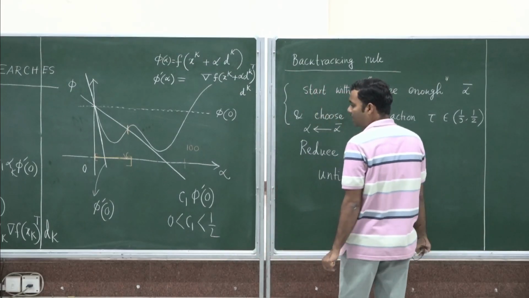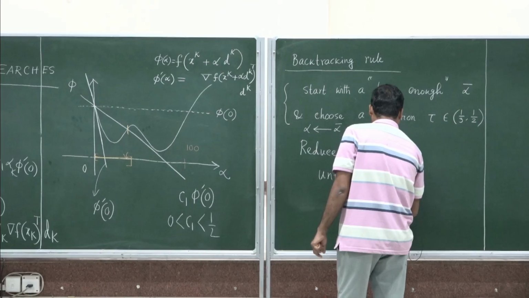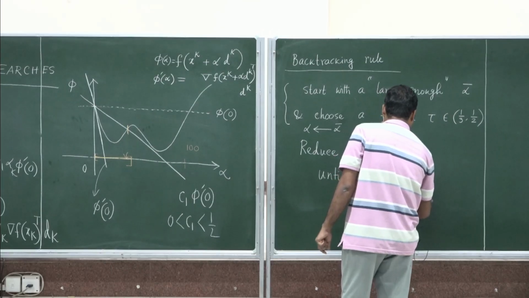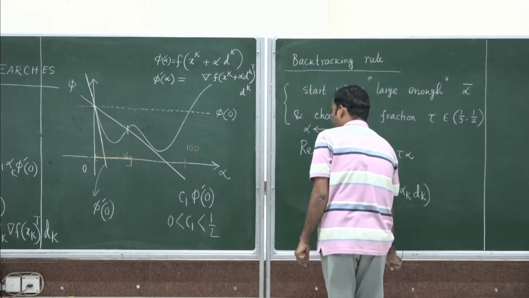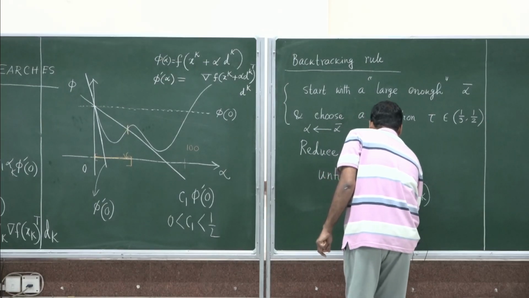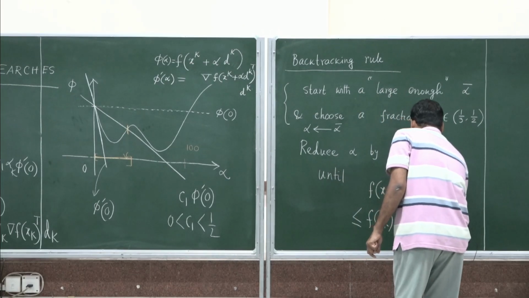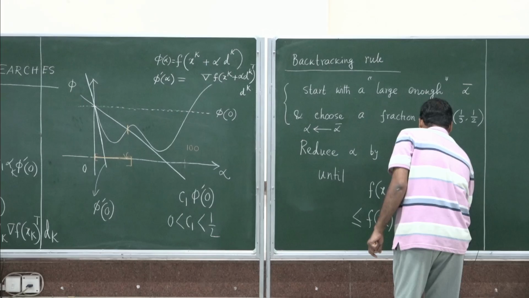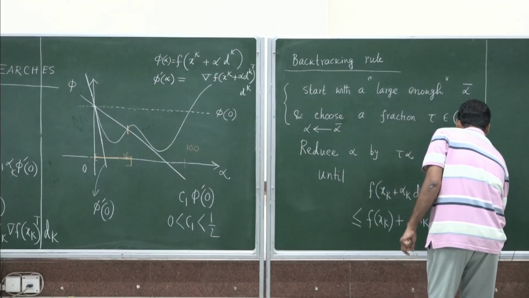until we observe that f of xk plus alpha k dk is less than or equal to f of xk plus c1 alpha k gradient f of xk transpose dk.